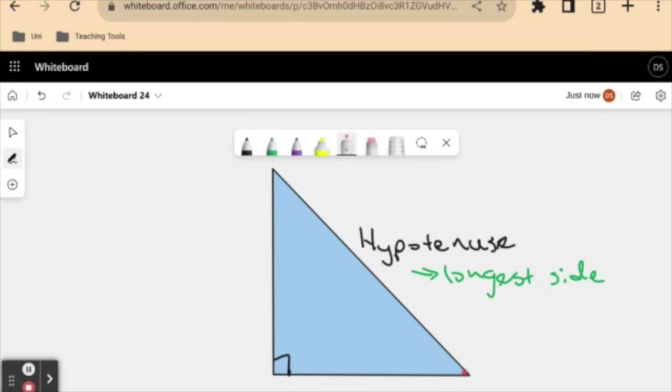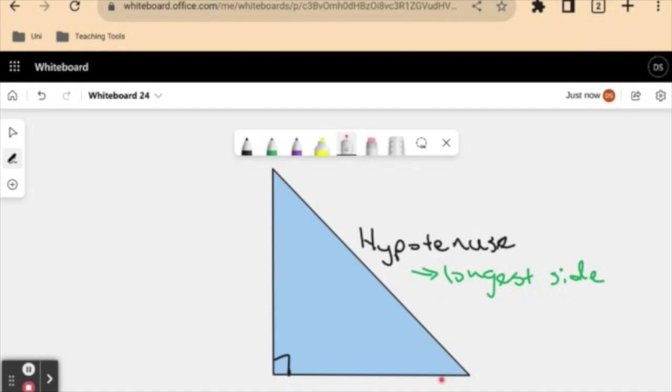Now, classifying these other two in the context of trigonometry depends on the perspective we look at it. And this is from the perspective of the remaining two angles. And this will be a good precursor towards laying out our trigonometric ratios, which we'll do in the next video.